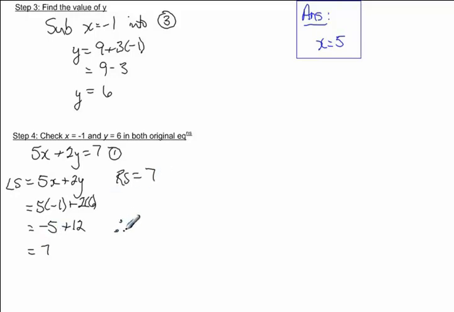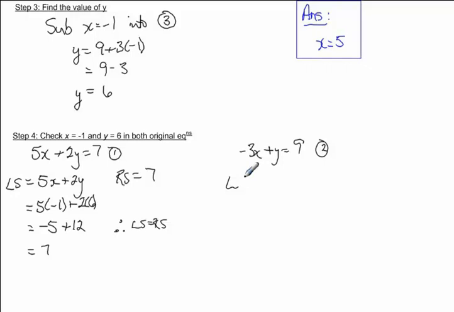Left side equals right side. So what this means is that the point negative 1, 6 lies on this line, which is good. That's what we want. Let's check equation 2, which is negative 3x plus y is equal to 9.